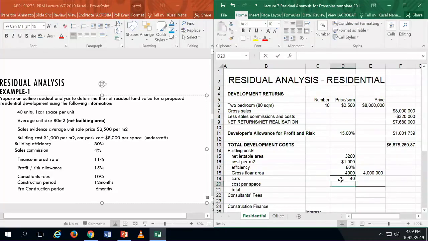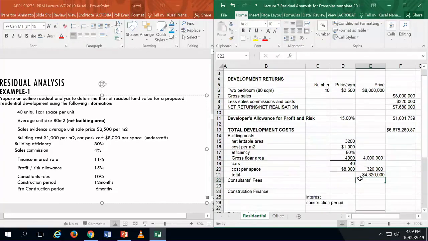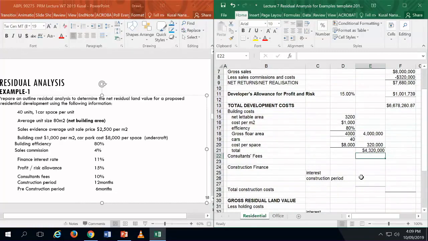Cost per car space is 8,000, and total cost for the car spaces is 320,000. So the total is 4,320,000. Now we have to calculate the consultancy fees, 10% of that.